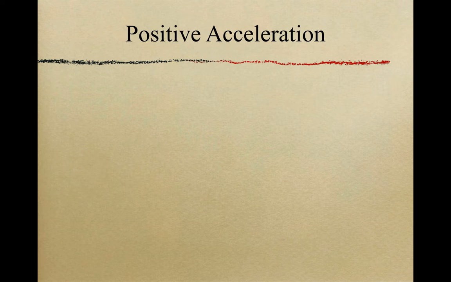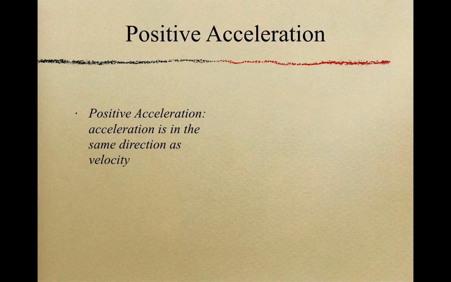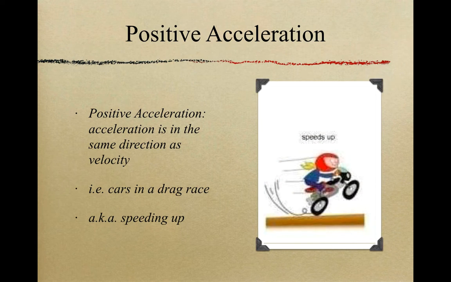Let's start with positive acceleration. This is the one that, when you think of acceleration, comes to mind. Positive acceleration, scientifically, is acceleration in the same direction of velocity. For what you need to know, it is when the car is speeding up, when our speed increases.